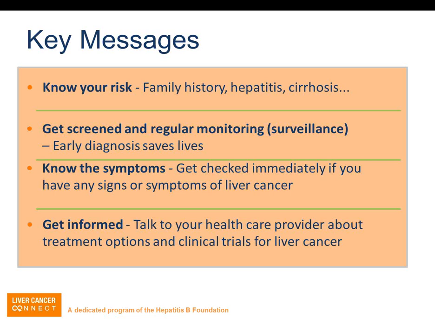So even with minor symptoms, ask the question: 1, do I have liver disease? 2, what's the cause? 3, how good or how bad is my liver? What stage am I at? And then 4, if you have liver disease, in my opinion, everybody needs a baseline imaging test, at least a full abdominal ultrasound.